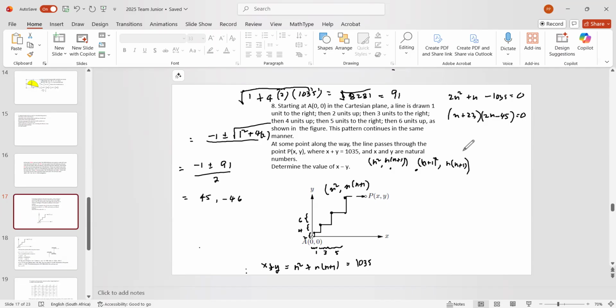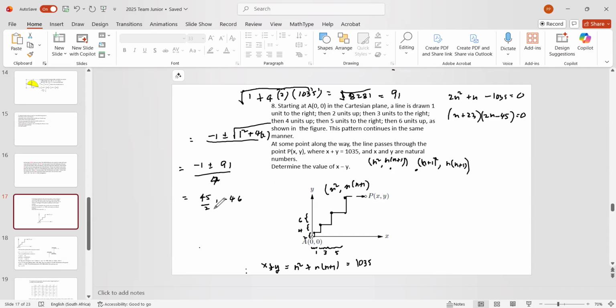Now, actually, the 2a will be 2 times 2. It's not 2, it's 4.